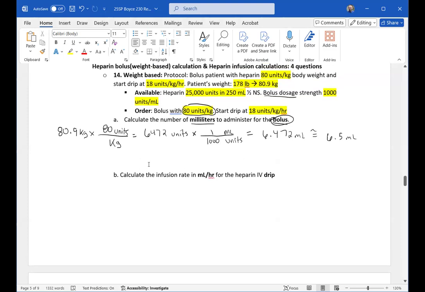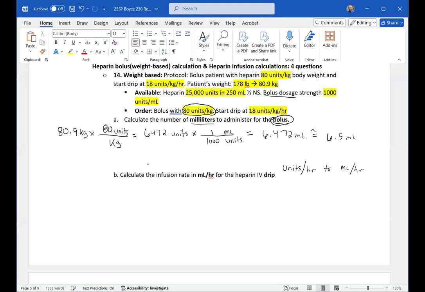Now, the second part of the protocol is doing this thing called the infusion rate. Now, I'm going to show you some practice problems because you'll have some of these, but basically what this is asking you to do, once we get to it and you'll see what I mean, is converting units per hour to milliliters per hour.